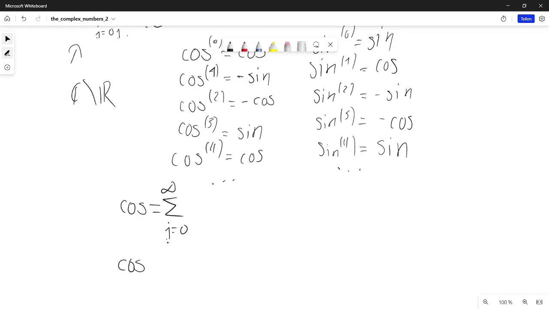We consider cosine at 0, of course, and we consider some small h. Cosine at 0 itself is just 1.